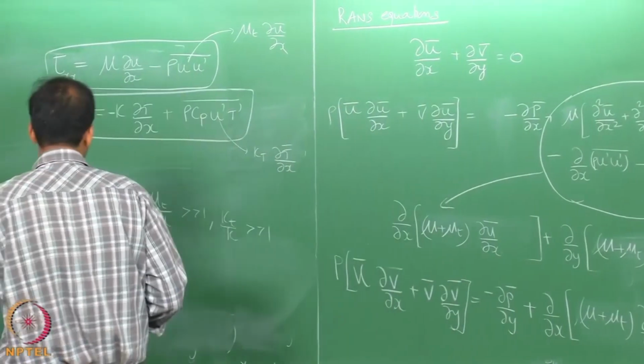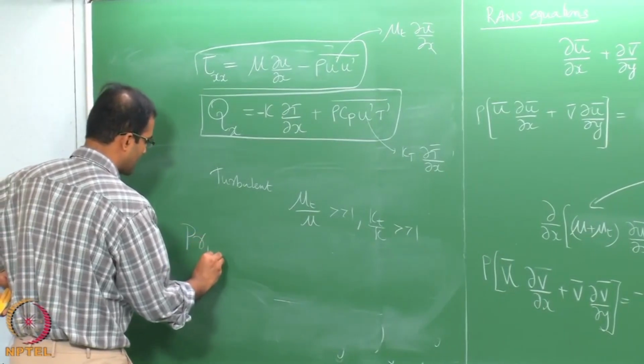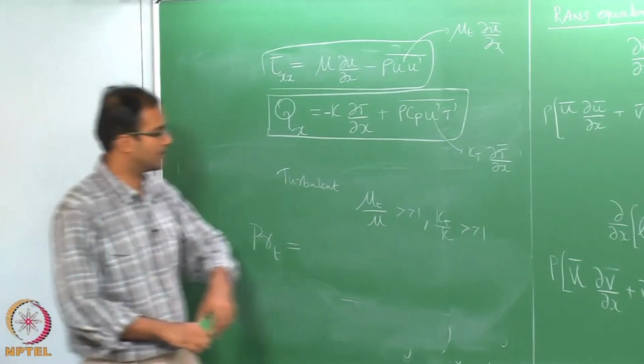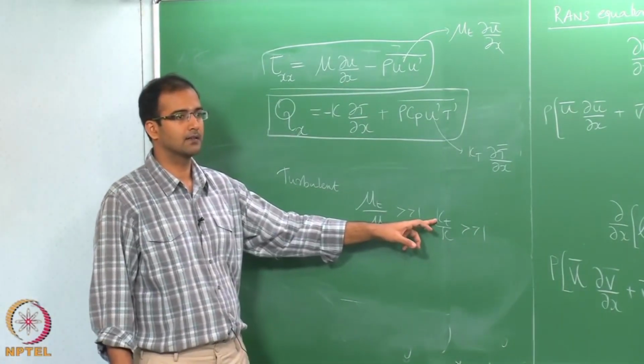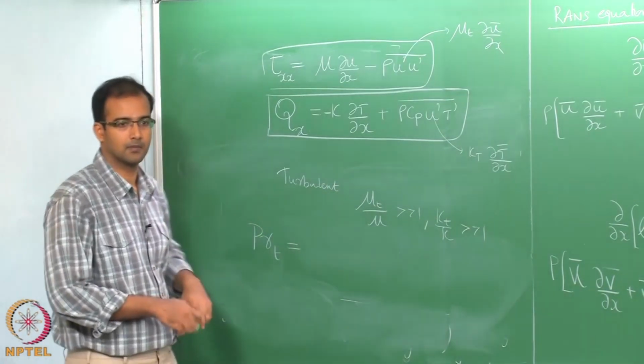So, just like your laminar Prandtl number, we can define what is called a turbulent Prandtl number. Since we now have a turbulent thermal conductivity and turbulent viscosity, we can define a turbulent Prandtl number.